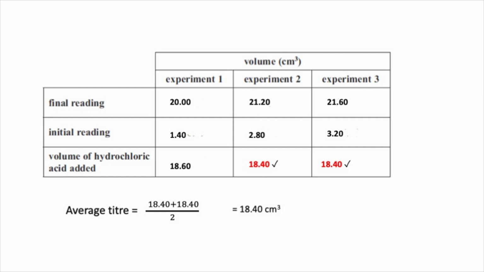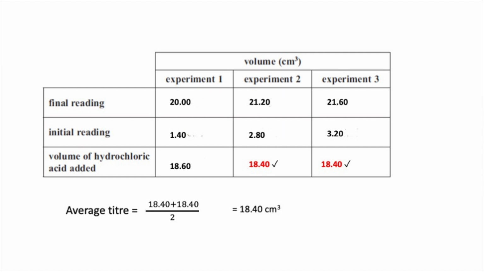So if Mr. Firth completes further titrations, when he gets close to adding 18.60 centimetres cubed, he can be extra careful to make sure that he doesn't miss the end point, and he would add the acid drop by drop as he approaches this 18.60 volume.